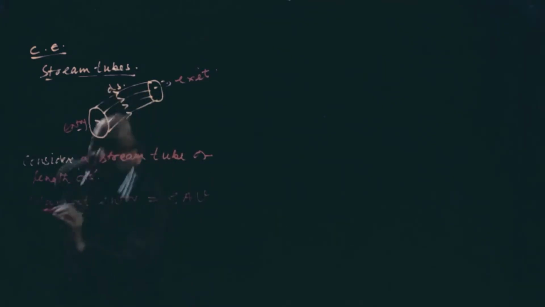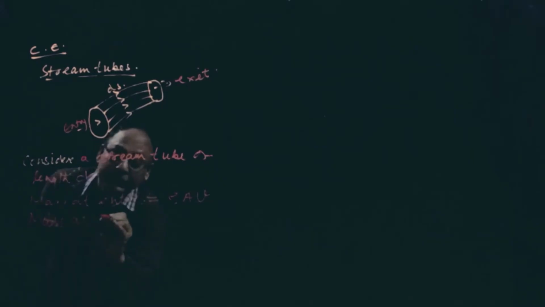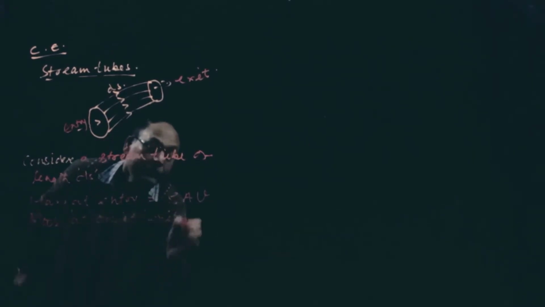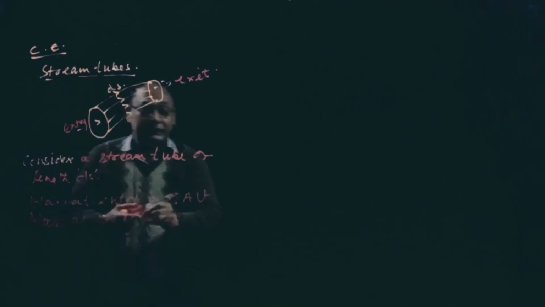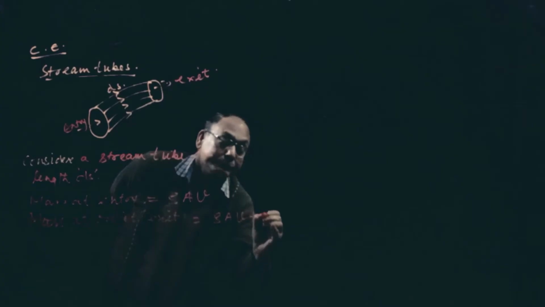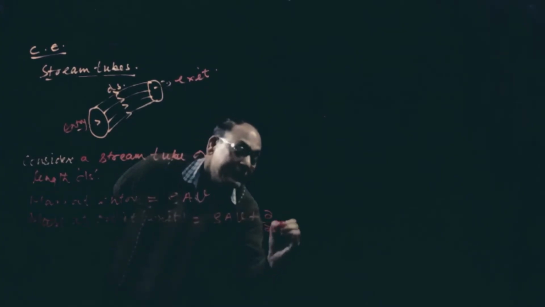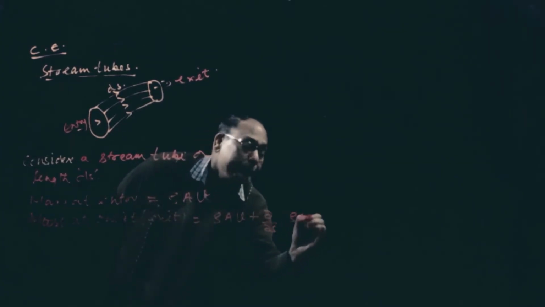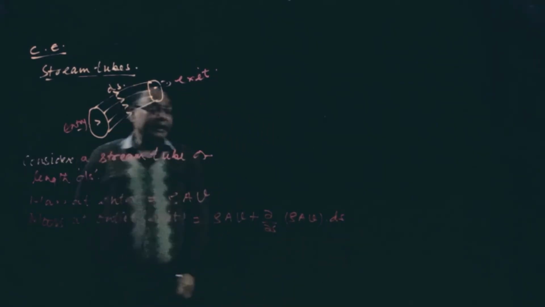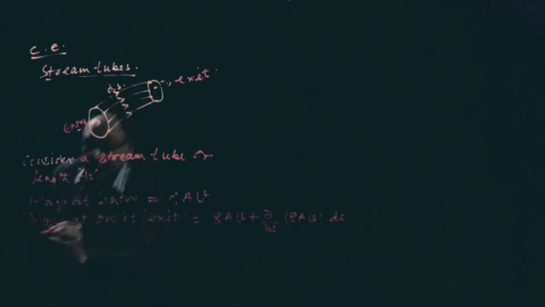Now the mass at outlet, or exit, will be equal to rho a b plus d by ds into rho a b into ds.